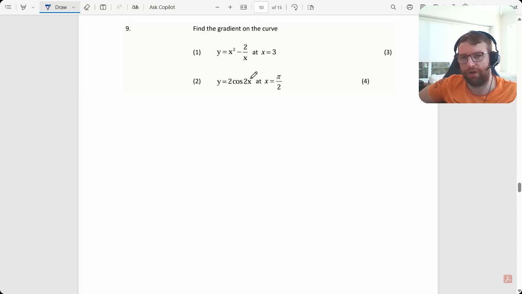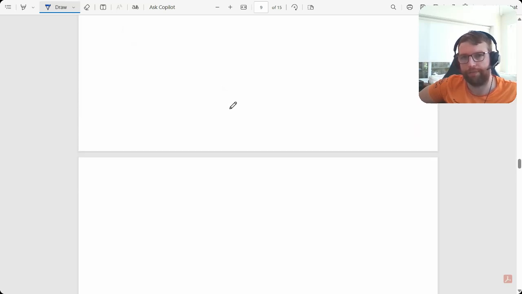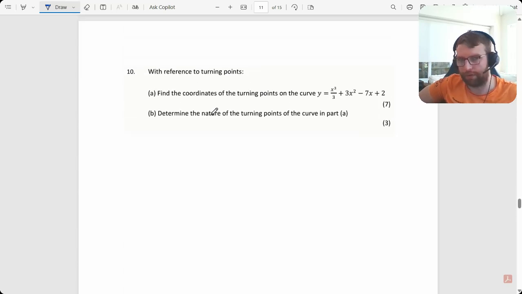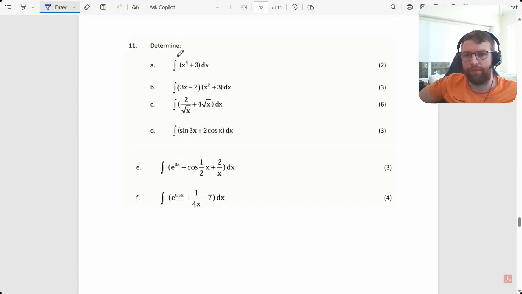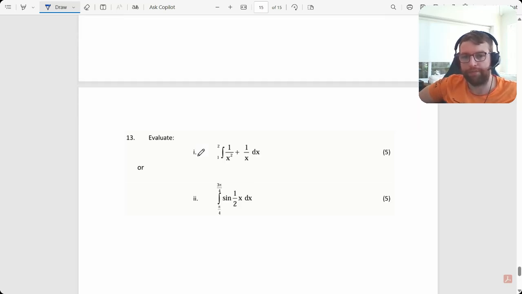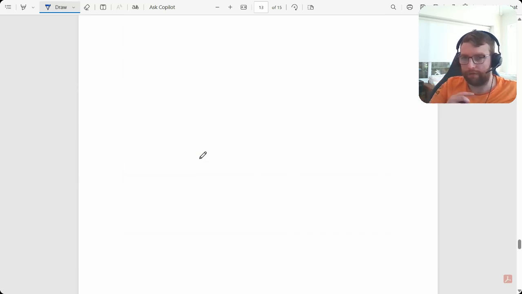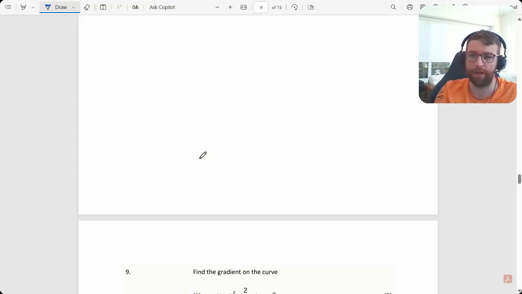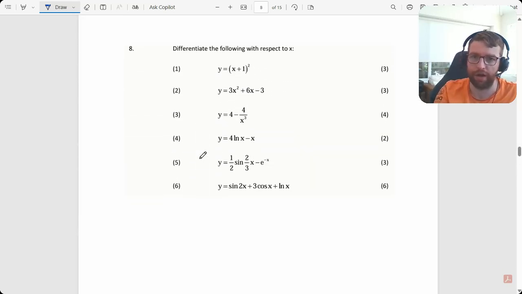So you can't do question 9 if you can't do question 8, and you can't do question 10 if you can't do question 8. And for 11, you can't do these two if you can't do 11. So it's really important that you focus on the skills that are in 11 and 8. That's all I want to say to start off with.